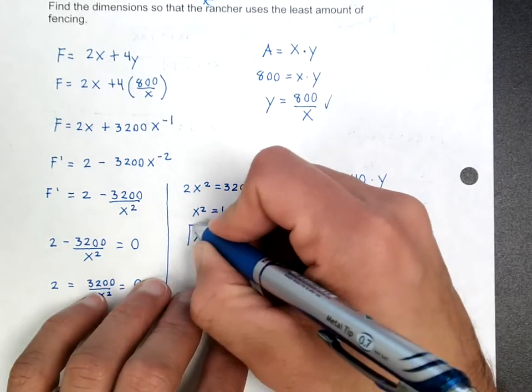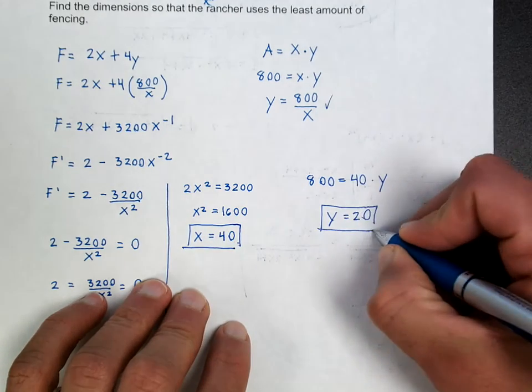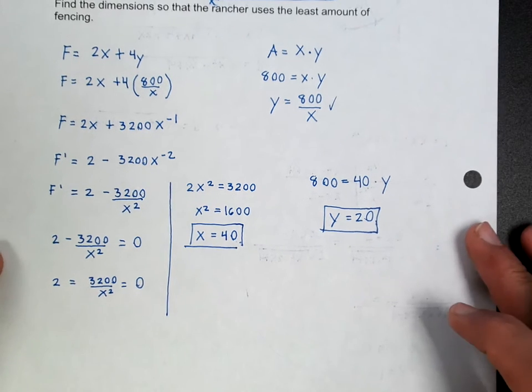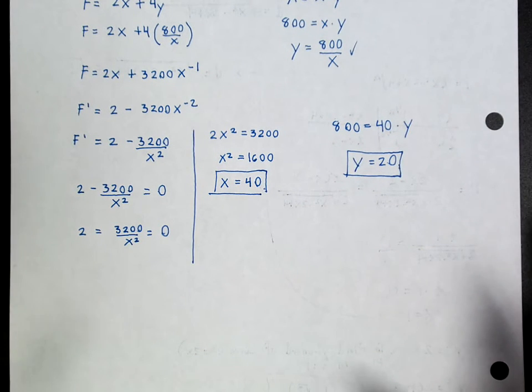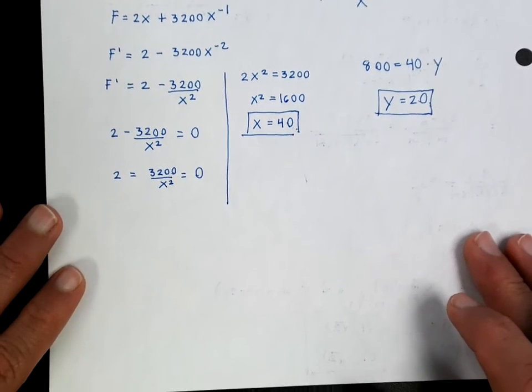So x is 40 and y is 20. That's the amount of fencing that will require the least. So this is the minimum requirement of material that I need for the fence. Okay, so that's that for that. Really, that's the problem over.